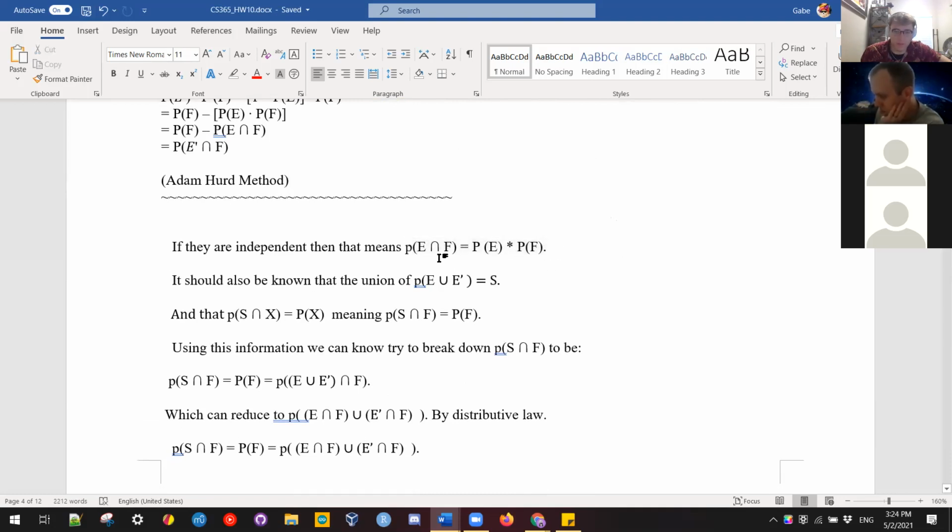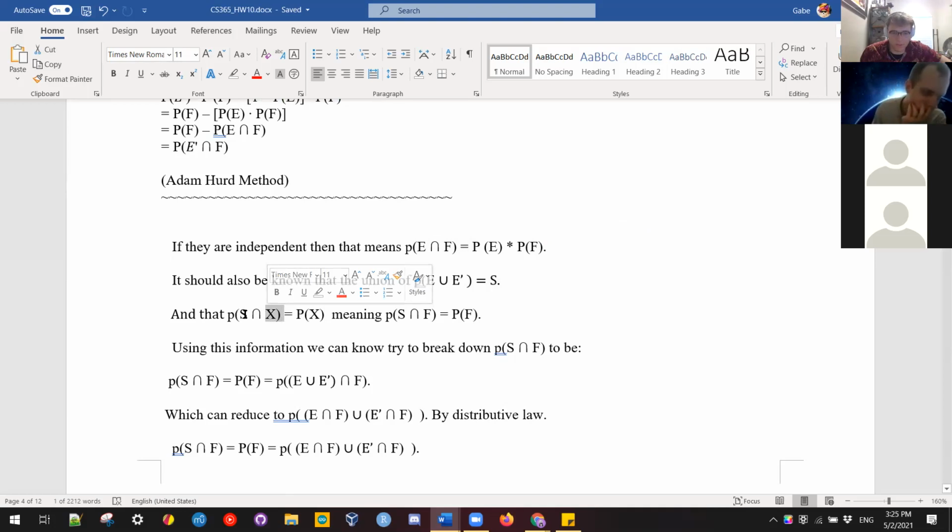So intersection. This is the independence thing in the book. This is also a thing they say because you're just combining E and not E, and that's everything. So that's S. Anything intersecting with S is just choosing anything from it.